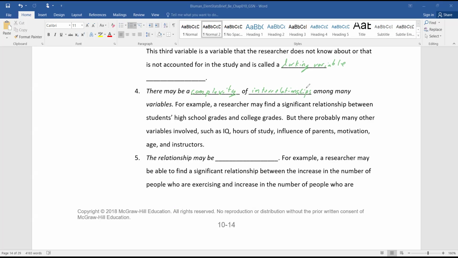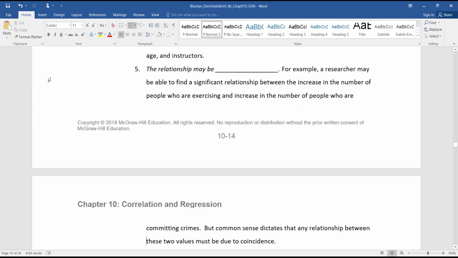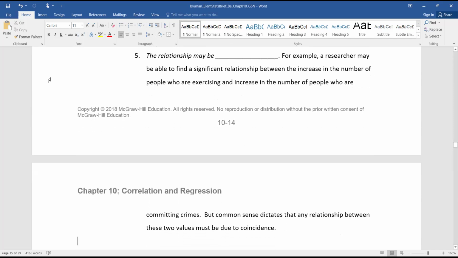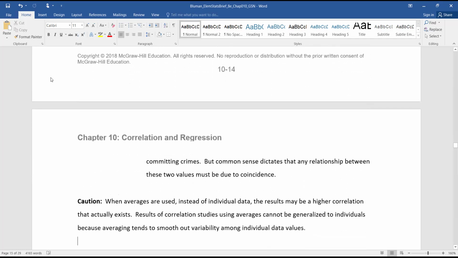The fifth thing we can see is that the relationship may be coincidental. For example, a researcher may be able to find a significant relationship between the increase in the number of people who are exercising and the increase in the number of people who are committing crimes. But common sense dictates that any relationship between these two values must be due to coincidence.